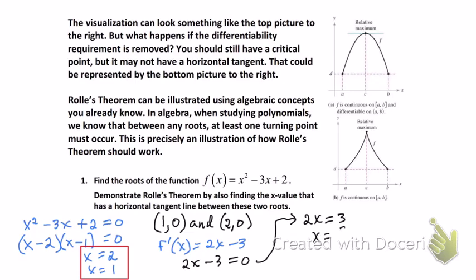And we get to here, finally. So in between the points 1 and 2, specifically where x is 3/2, at that y value, the slope of the tangent line is going to be 0.